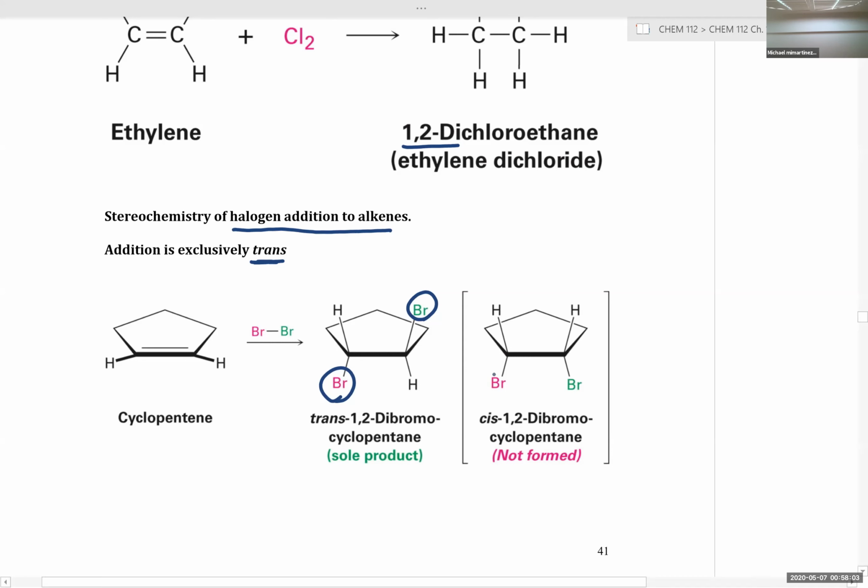So you do not see the cis product. Do not draw the cis product for dihalogenation. It's important that we appreciate the stereoselectivity, because by appreciating it, we can begin to utilize the stereoselectivity of these different reactions to produce our desired product.